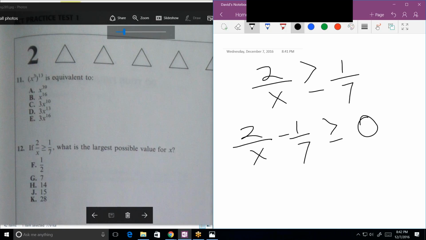I know how to make it equal. In other words, if I had set x equal to 14, that's 2/7 minus 1/7, so that would satisfy it. But I don't know all of the values of x. But when it says what's the largest possible value for x, let's back solve it. Where am I going to start?